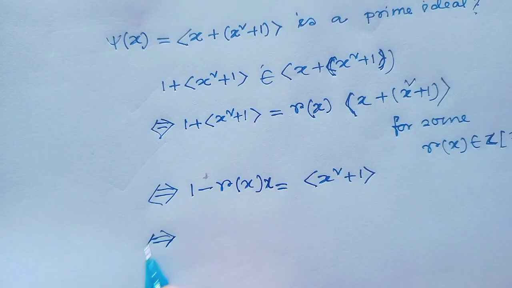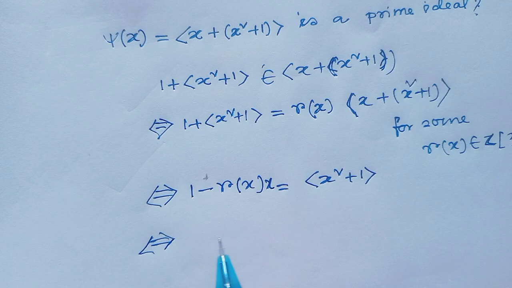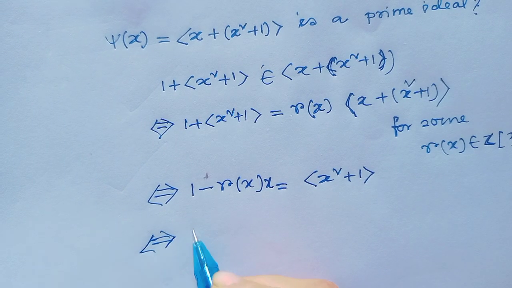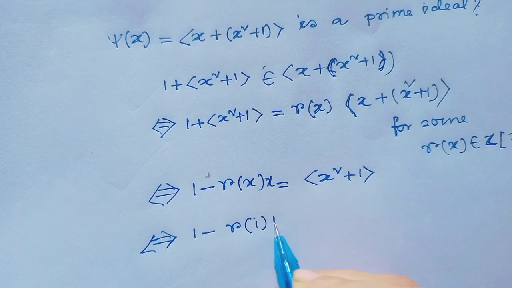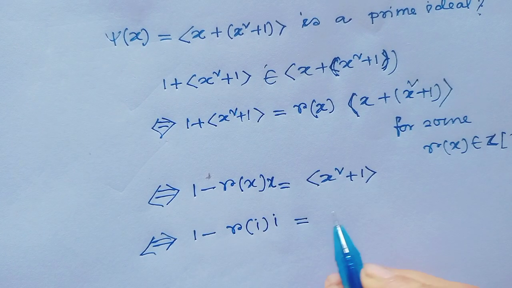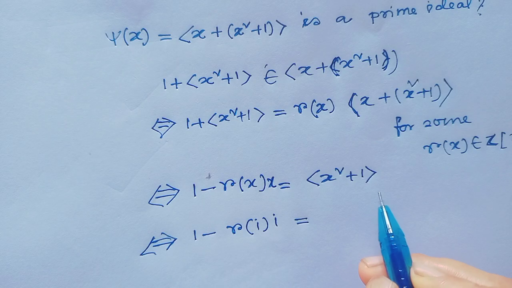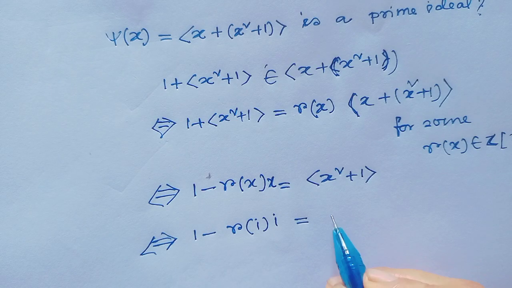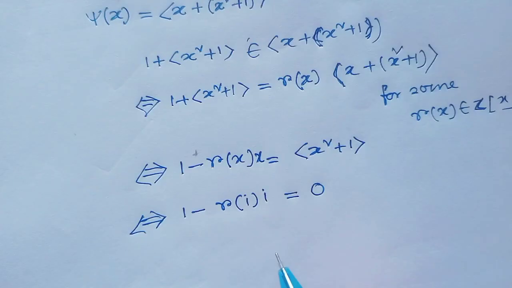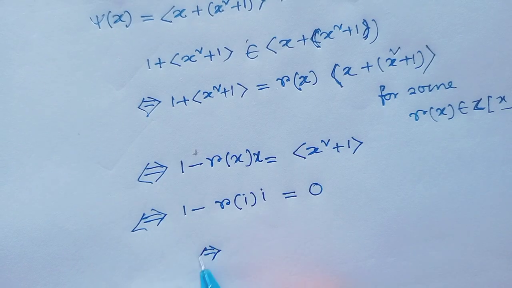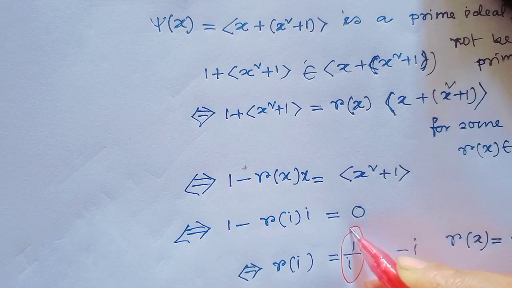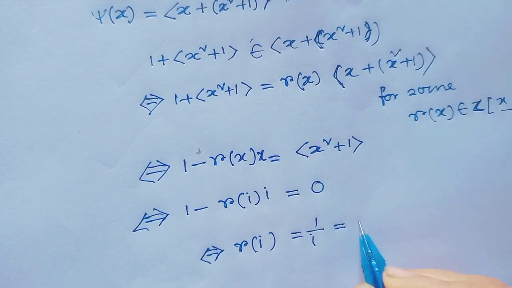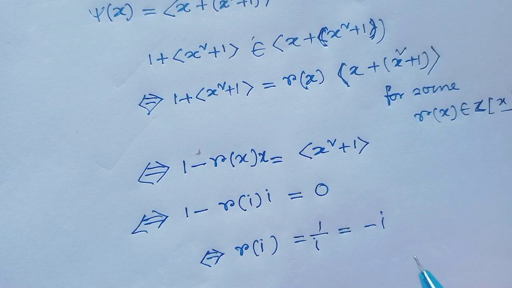Then, since the function evaluation map at the point i, putting the value i, we get 1 minus R(i) times i, which belongs to the kernel of f, equal to 0. That implies R(i) equals 1 over i, which is equal to minus i.